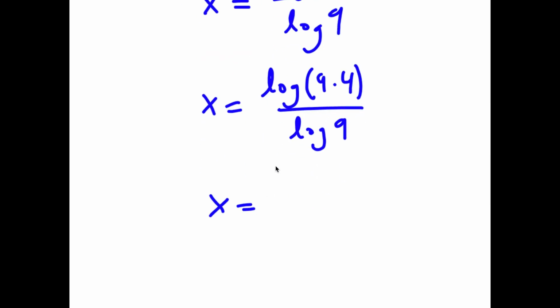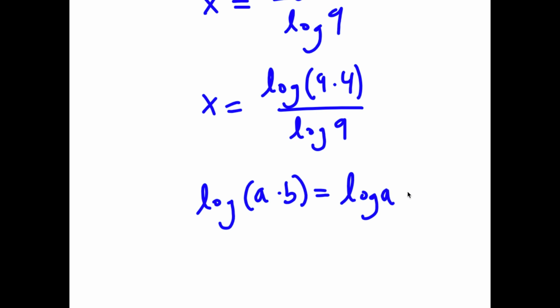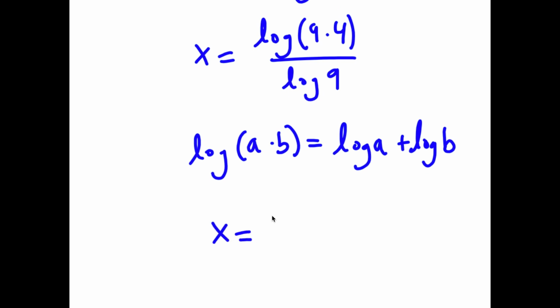Now if I have something in the form log of a times b, this is equal to log a plus log b. So log of 9 times 4, that's going to equal log of 9 plus log of 4.